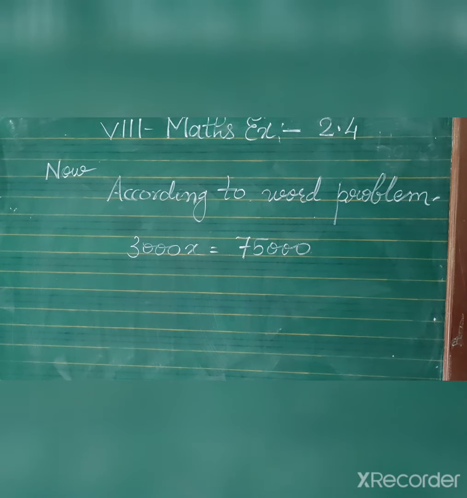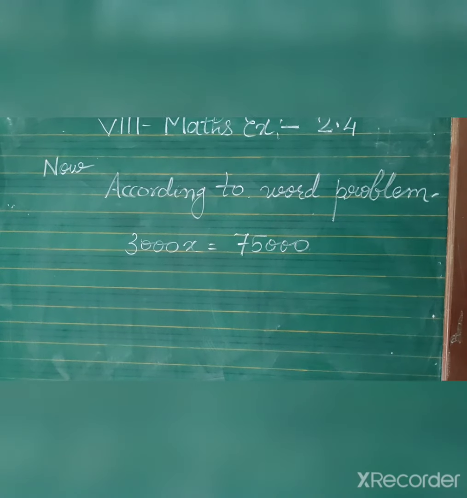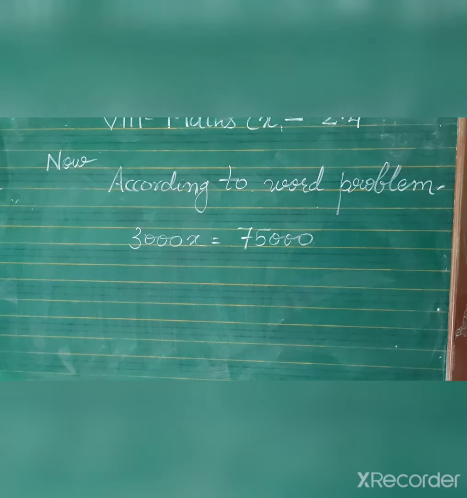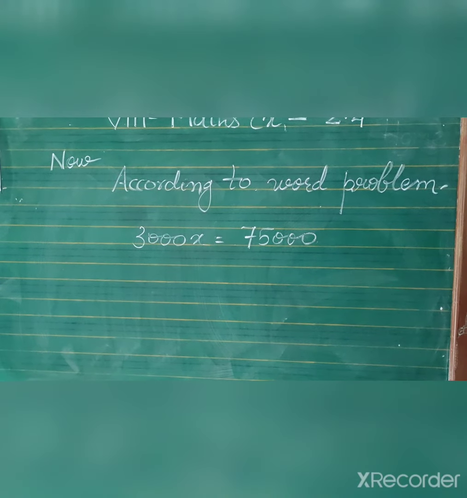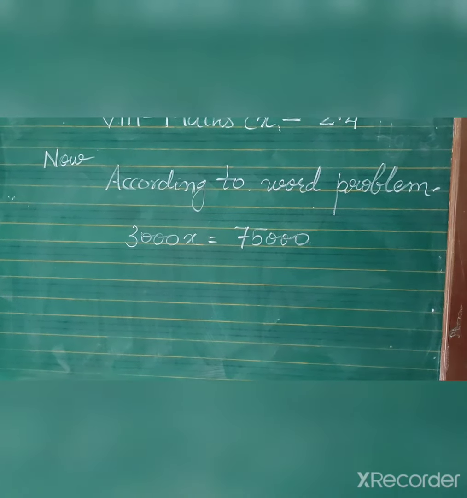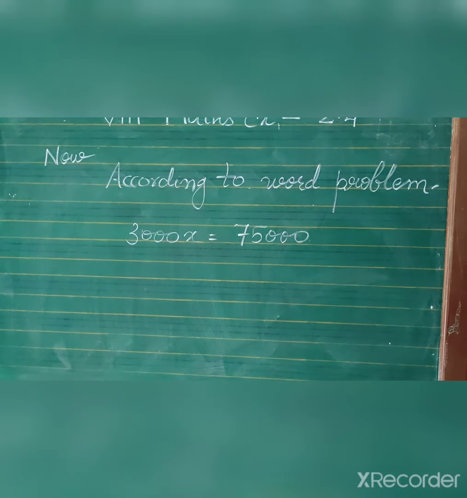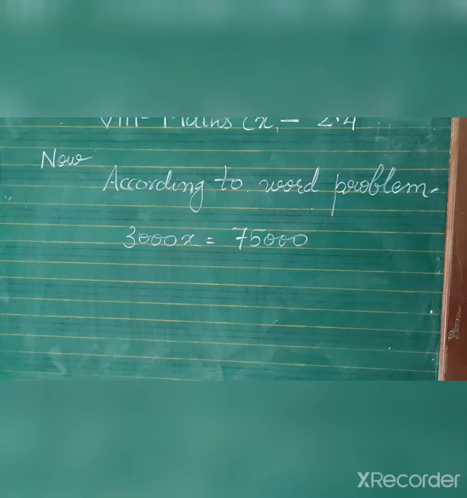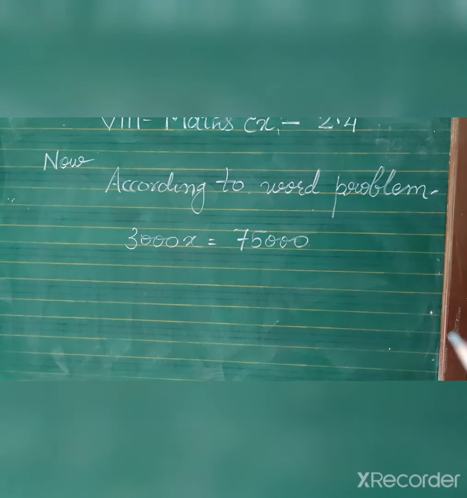Now according to the word problem, 3000x is equal to 75,000 rupees, because it is given the village panchayat has given 75,000 rupees. So whatever money we are getting is 3000x, and from the textbook 75,000 rupees. So both the values will be equal.